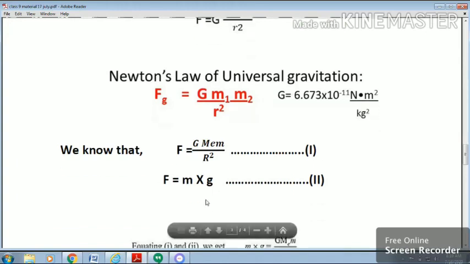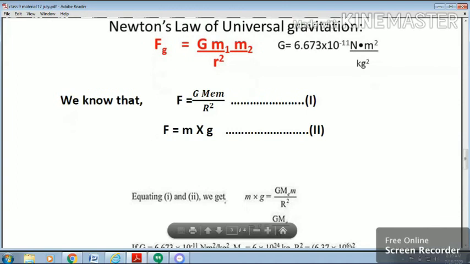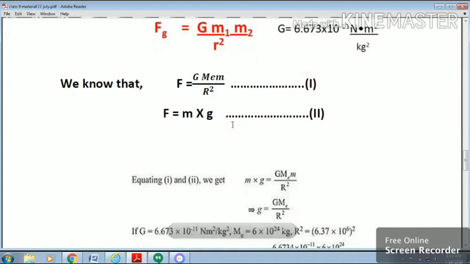Now you also know that force is equal to m into g, where small g is acceleration due to gravity. Mark this equation also as equation number 2. Since these two are the force, compare these two equations. While equating we get mg is equal to G M into m by r square.